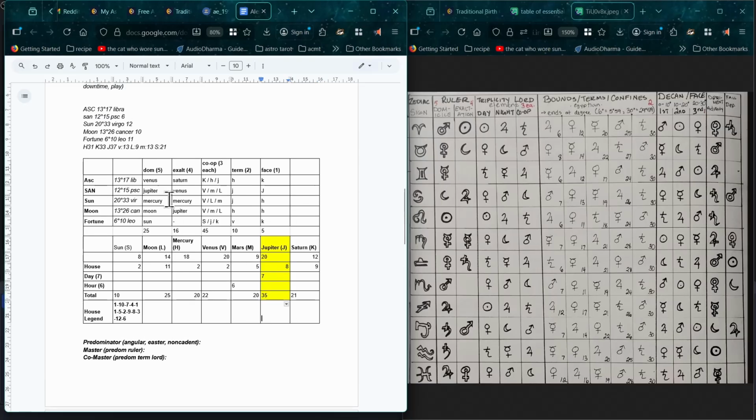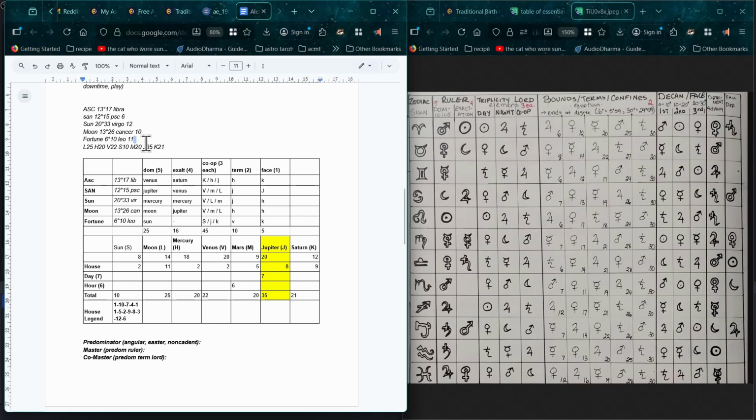So for this person's Almuten calculation, Jupiter is even more strongly the planet that most closely signifies or approximates or resembles or can be an access point to the Almuten, or the guide or guardian of the character of the life. So Luna has 25, Hermes has 20, Venus has 22, Sun has 10, Mars has 20, Jupiter has 35, Kronos has 21.